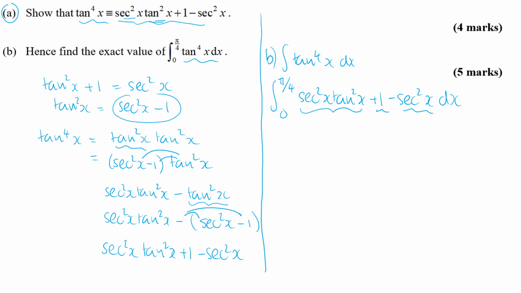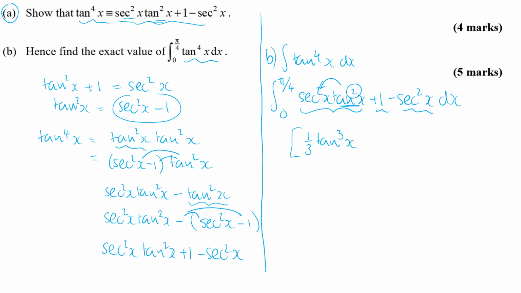Now because the differential of tan is sec squared, we can think about the chain rule. The inside function here is tan, the differential is just sitting there, so if we just think about the inside function and integrate with respect to the squared there, we're going to get that this is 1/3 tan cubed x.